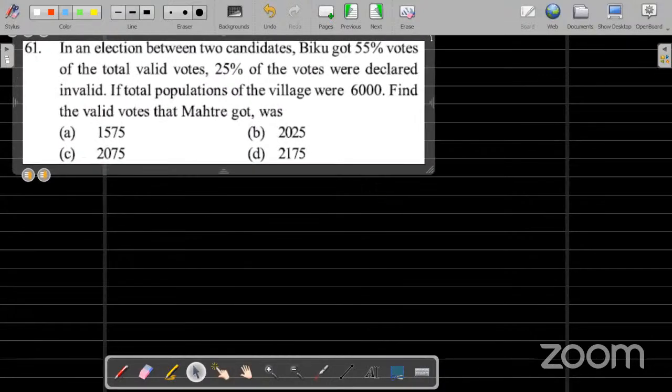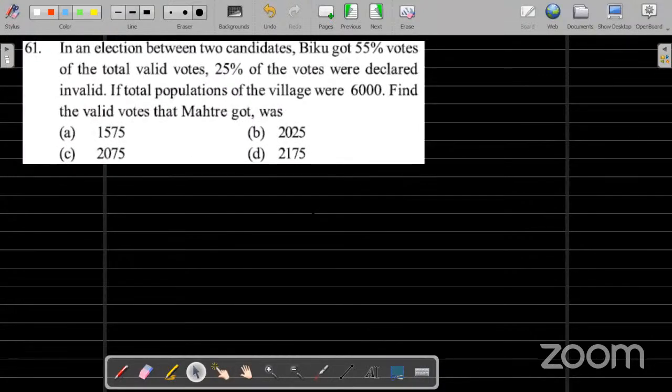Next one. In an election between two candidates, B got 55% of the total valid votes. 25% of the votes were declared invalid out of the total votes polled. So what is the total votes polled?